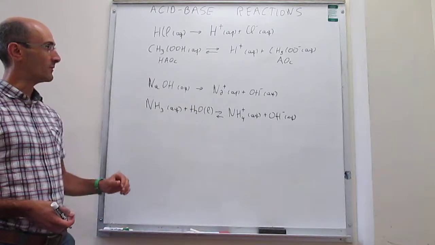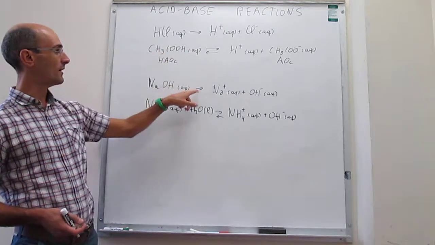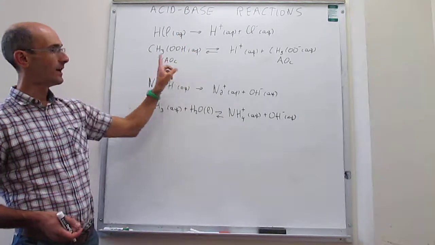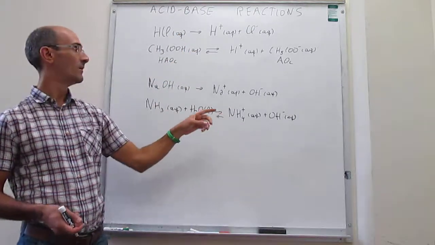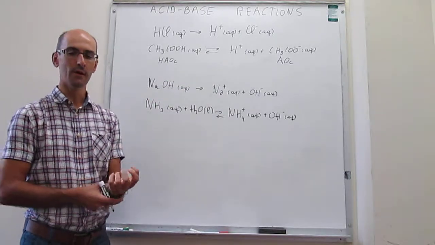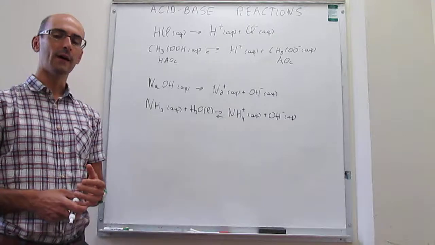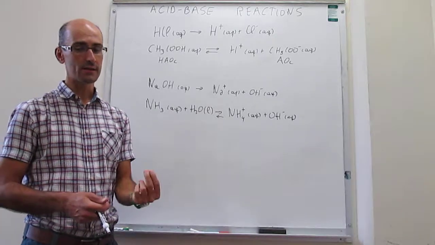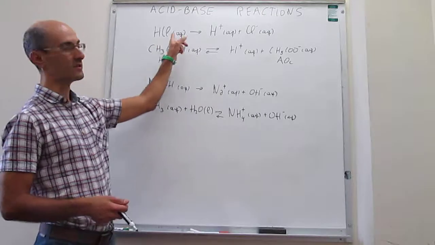Now, something that you may have noticed is that in the top chemical reactions here, the dissociation of the acid and the base, I have a forward arrow, but in the bottom ones, you actually have reversible arrows. This is to separate the two types of acids and bases that we can have. When you have a strong acid, it turns out that the dissociation is complete.